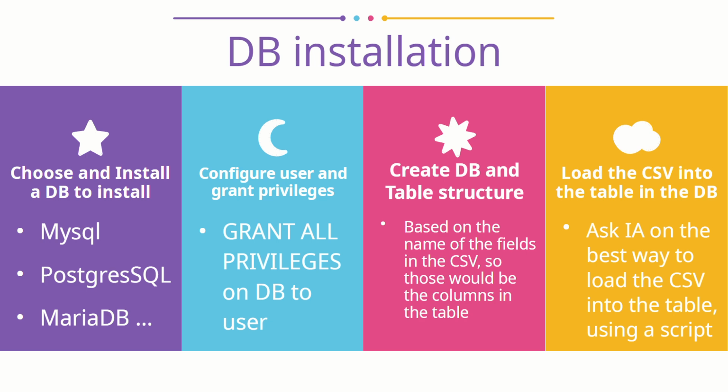Then we have to configure a user and grant privileges. So grant all privileges on the database to the user we choose in order to allow us to later create the database structure and schema and then load the CSV values into the database.